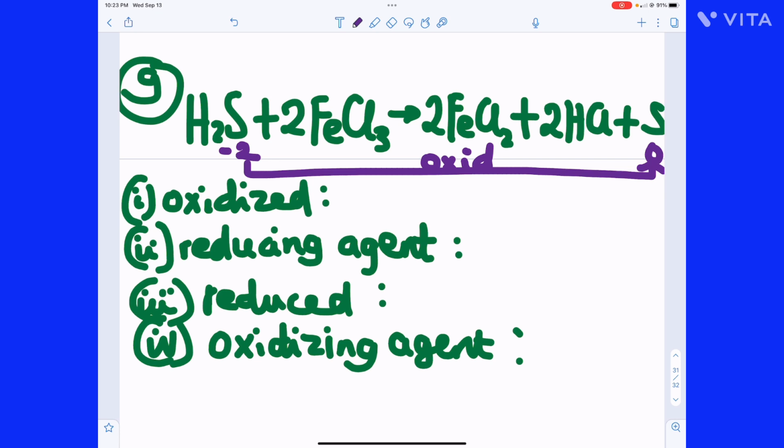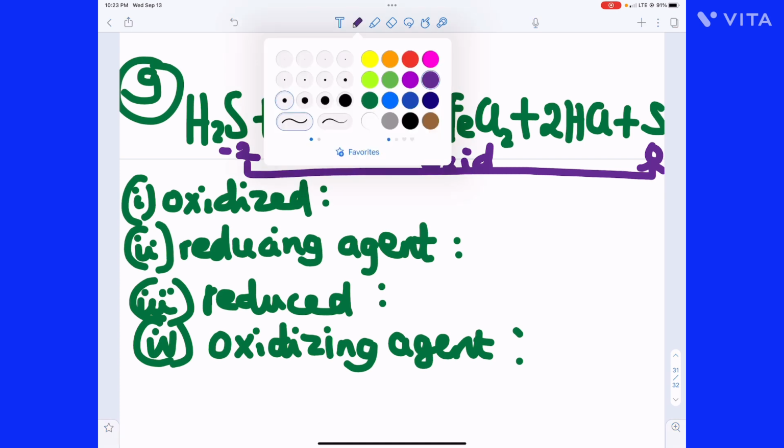Then let's check. The oxidation number of hydrogen is +1 here and +1 here, so we don't have any business with hydrogen. But the oxidation number of chlorine is -1 here, -1 here, so we don't have any business with chlorine. It didn't take part in the redox process that much.